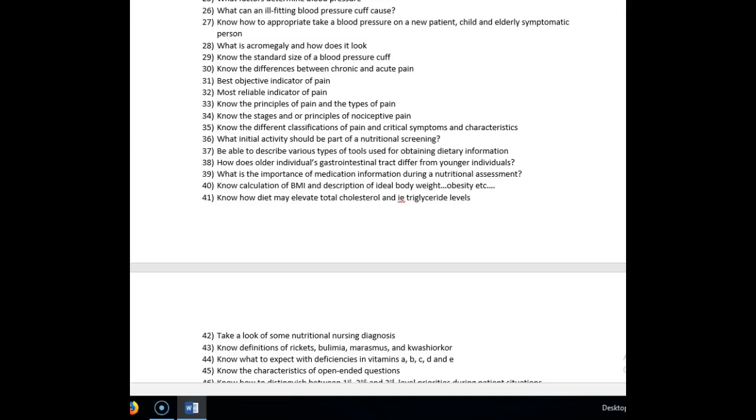There are a lot of reasons, I think I told y'all in lecture, why, when you're reviewing a person's nutritional assessment, there are things about a person that could possibly affect how they eat.